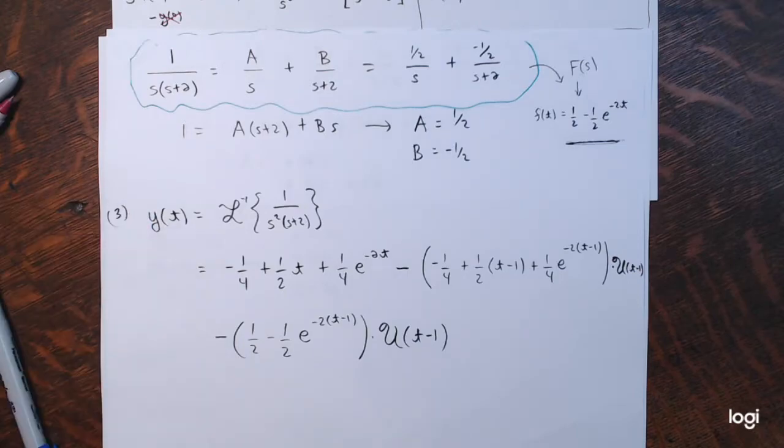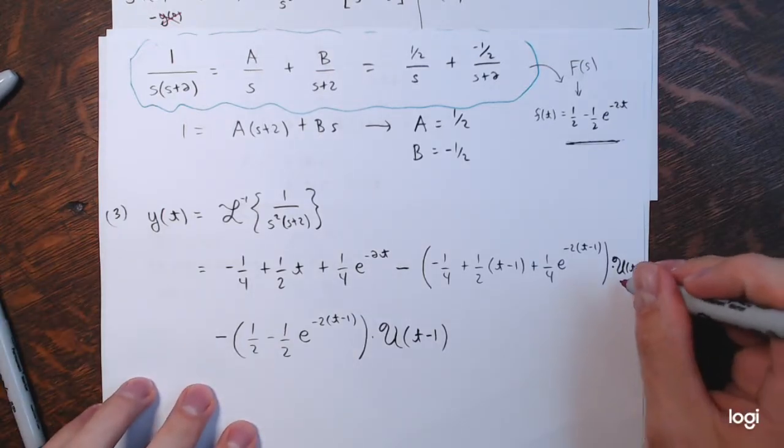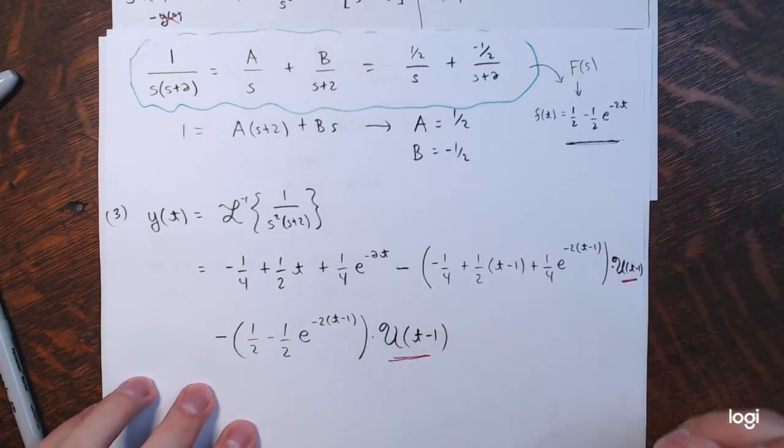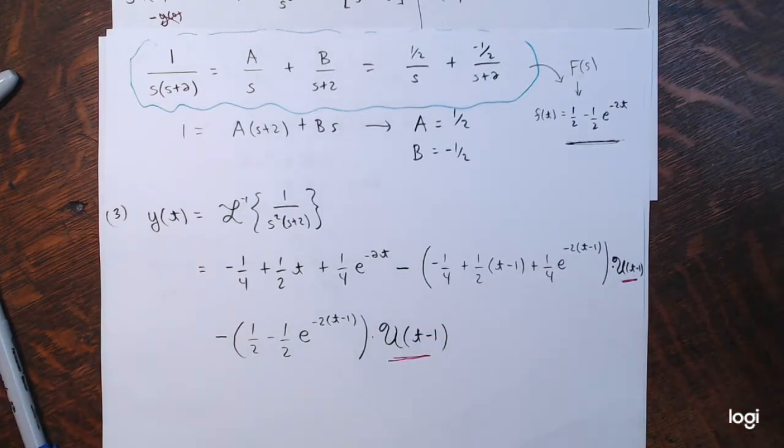And then, if you wished, we can simplify stuff, because notice how both these have the unit step function at t minus 1 in common. I am going to simplify this in a second.